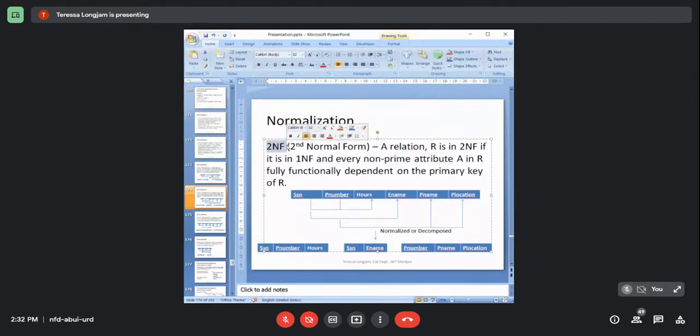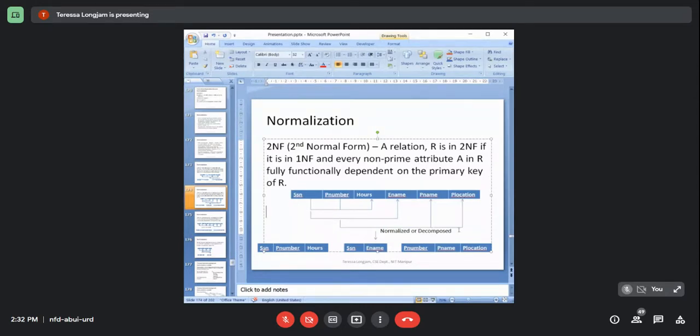Okay, so here an example is given: SSN, P number, Hrs, E name, P name, P location. Hrs depends on both SSN and P number. And here the primary key is the combination of SSN and P number. E name depends only on SSN. It does not depend on P number. P name, the project name, depends on P number. It does not depend on SSN.